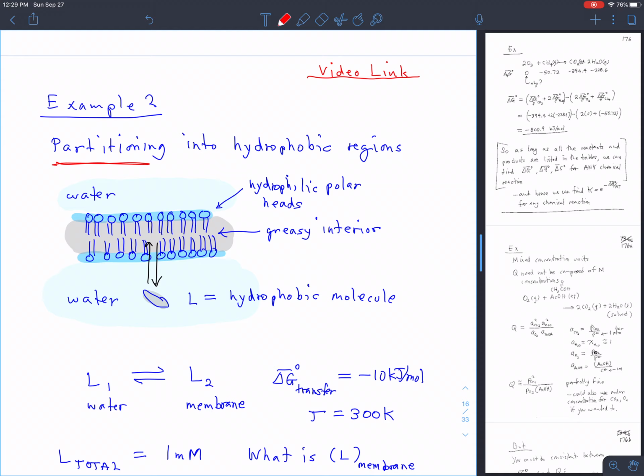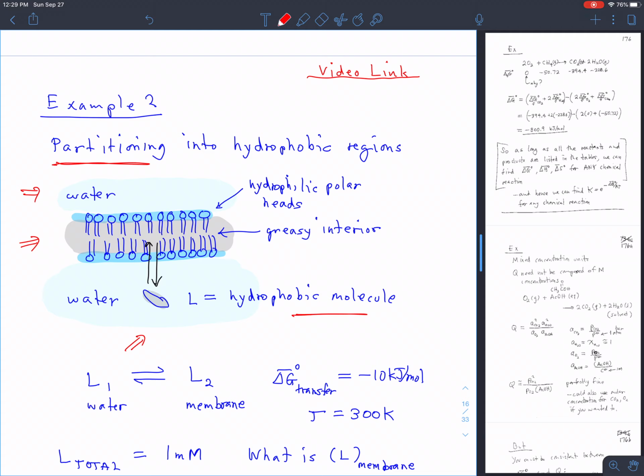Let's suppose we have a lipid membrane. Of course, all cells are surrounded by lipid membranes, so lipid membranes are ubiquitous in living systems. And surrounding the lipid membrane, of course, is some kind of aqueous solution. And let's suppose that in that aqueous solution there's some kind of molecule which is hydrophobic.